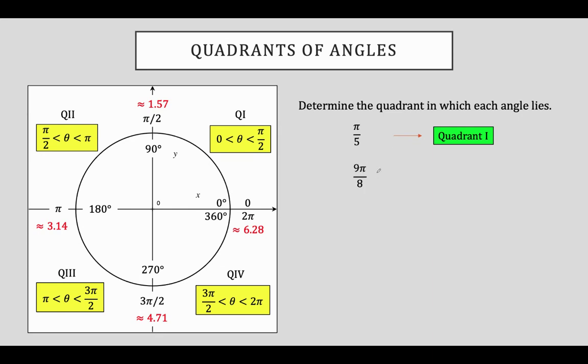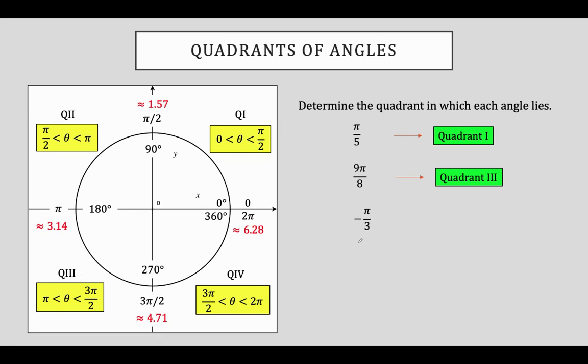The angle 9 pi over 8. Well, 9/8 of pi is slightly larger than 1 full pi. Written as a mixed number, this is 1 and 1/8 pi. 9/8 of pi is between 1 pi and 3 pi over 2, that's 1 and a half pi. Therefore, this angle must be in quadrant 3.